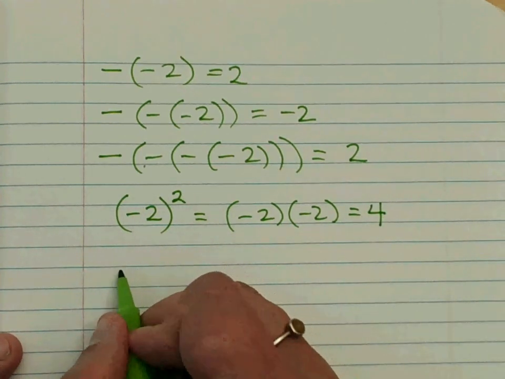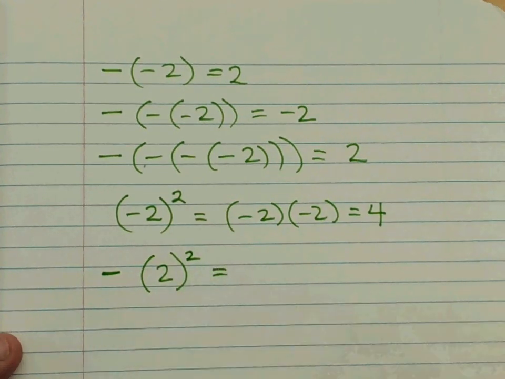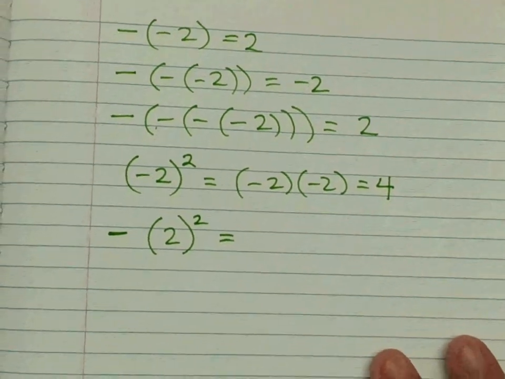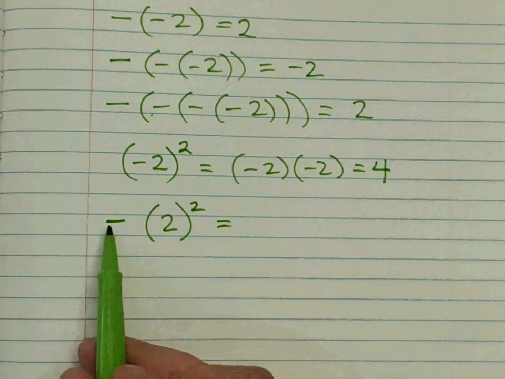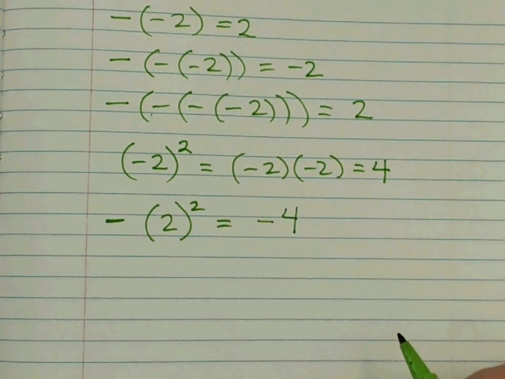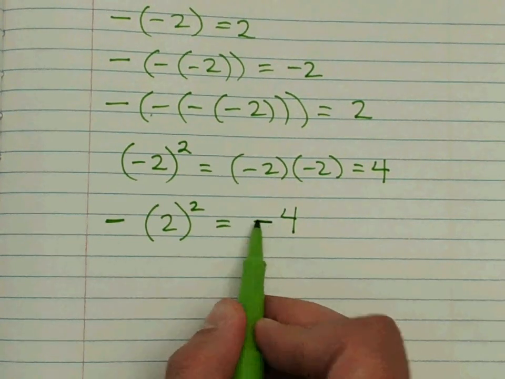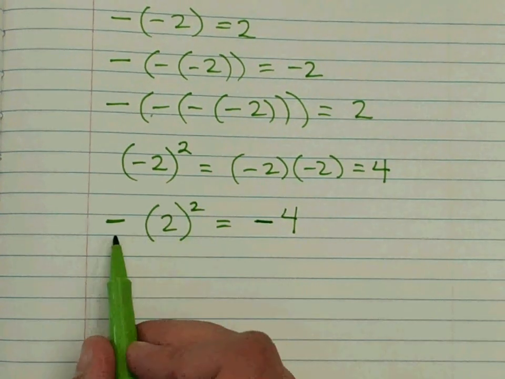What if I had the negative sign like this on the outside? Is that negative going to be included when I square the number? No. So here, if it's on the outside, it would end up being negative 4. This is something that a lot of people get confused about with the negatives, okay? Because we're squaring 2, and then we're going to make it negative after the fact.